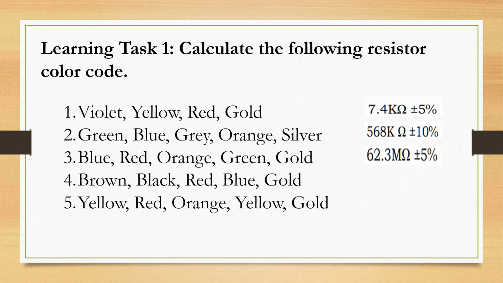Number 3, 62.3 mega ohms with plus or minus 5% tolerance. For number 4, we have 102 mega ohms with a tolerance of plus or minus 5%. And lastly, we have 4.23 mega ohms with plus or minus percent tolerance.